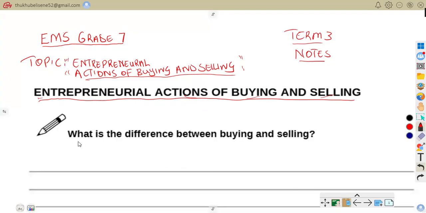What is the difference between buying and selling?